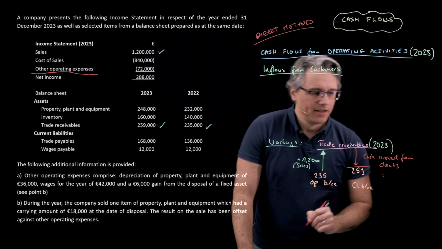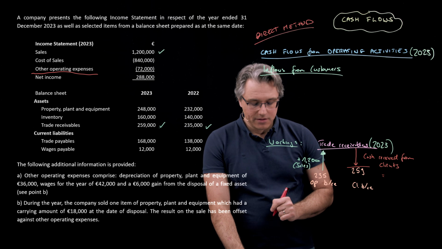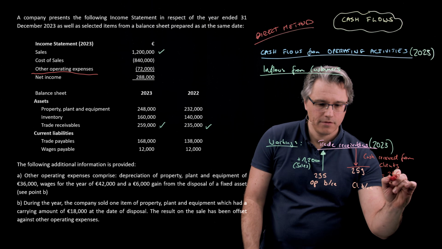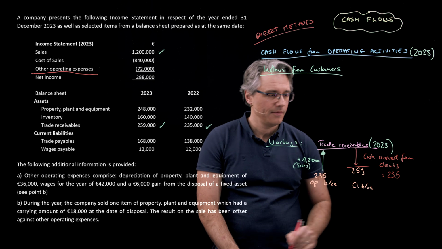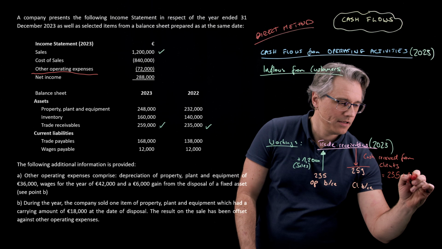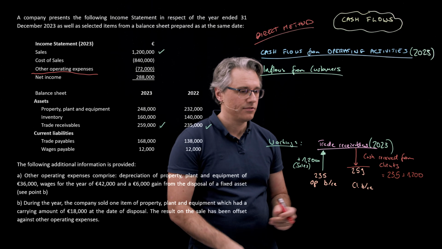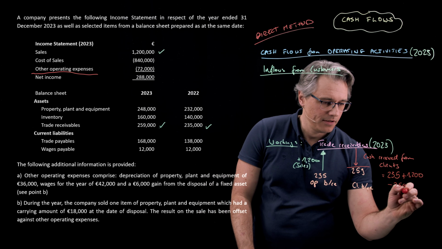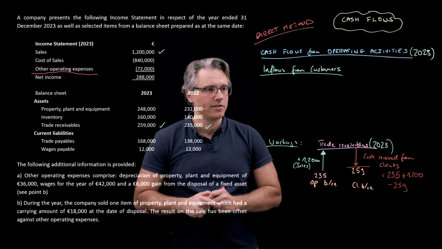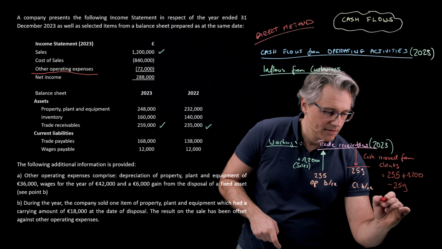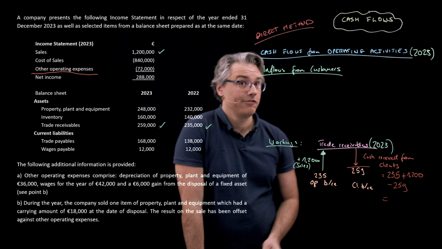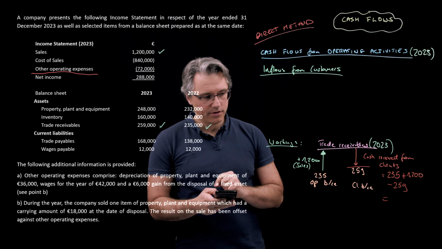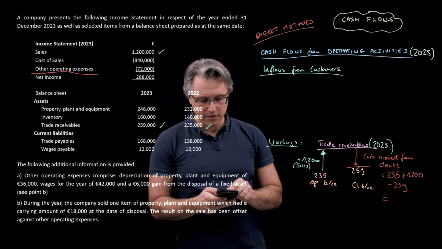So I'm going to say that cash received from clients is going to be a simple computation. 235, this opening balance, this starting point, plus 1,200,000 or 1,200, and minus 259, so the figure which represents the closing balance. That is a formula for the unknown. 235 plus 1,200 minus 259.